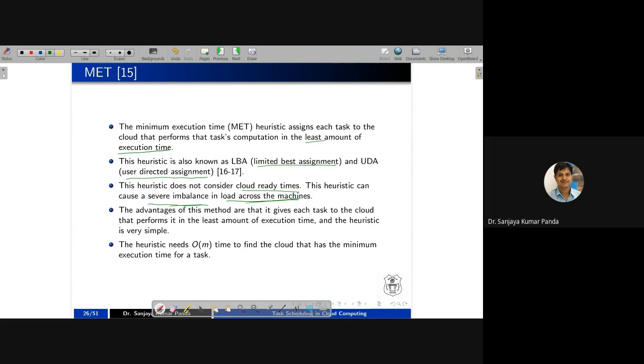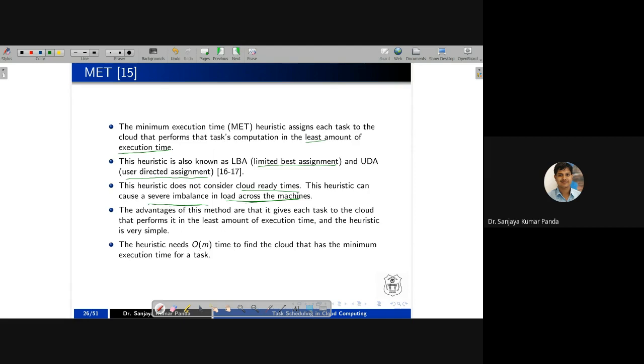The advantage of this method is that it gives each task to the cloud that performs it in the least amount of execution time. That's why this heuristic is very simple. The previous one is also very simple to implement, and in this case also the implementation is very simple. The heuristic needs order of m time to find the cloud that has the minimum execution time for a task.